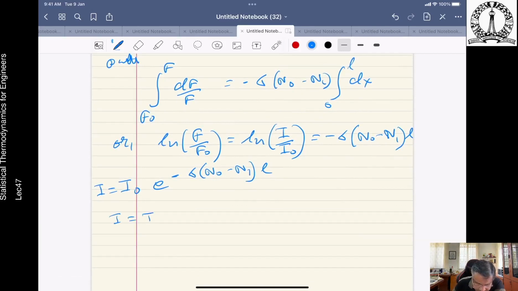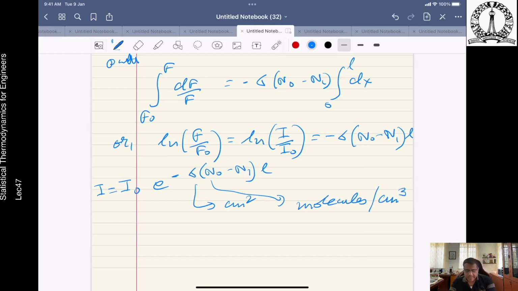Actually, it is written in a slightly different form in several textbooks. So here sigma, of course, is reported in centimeter square, n is in molecules per cc, centimeter cube, and L is in centimeter rather than the corresponding SI units.